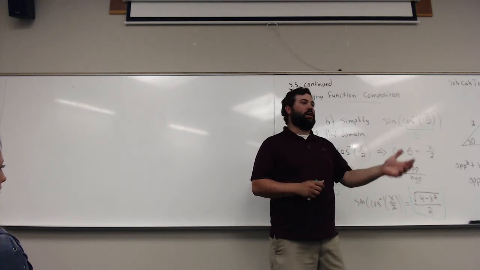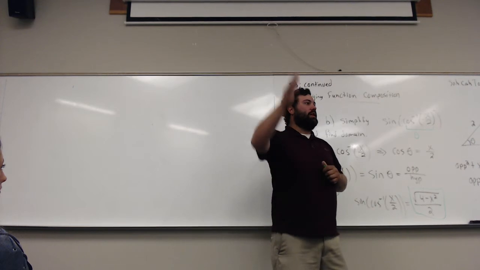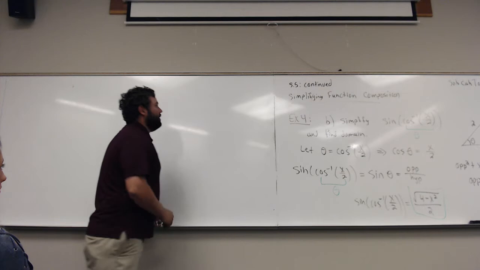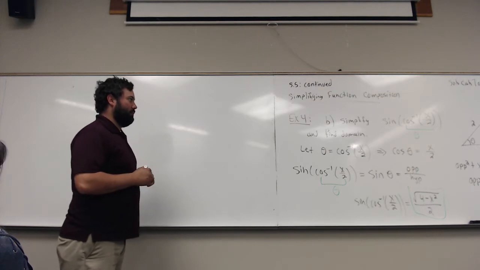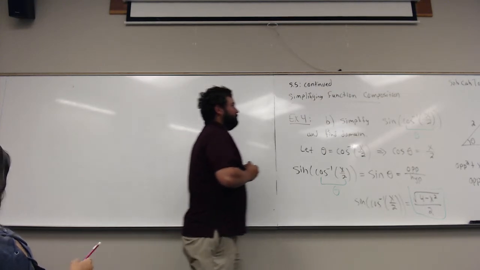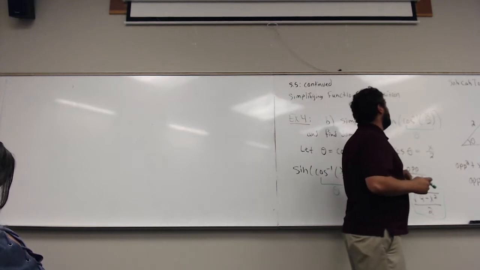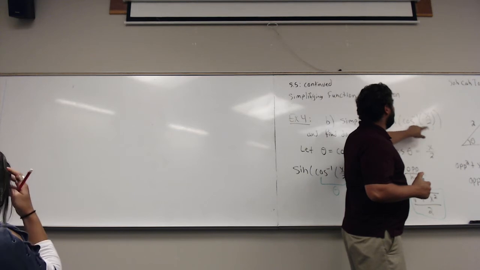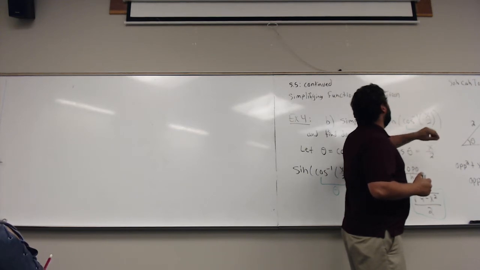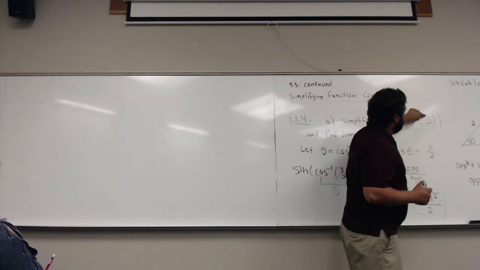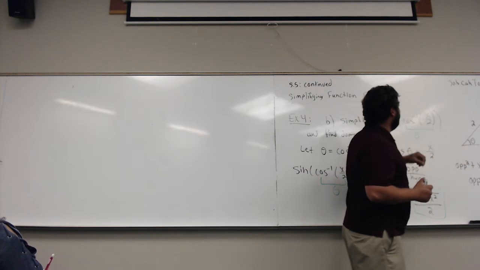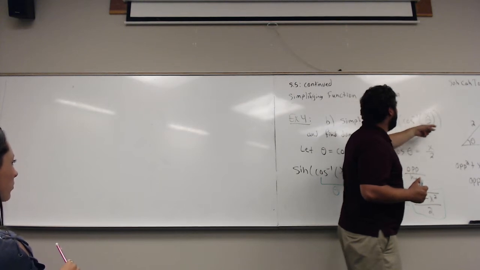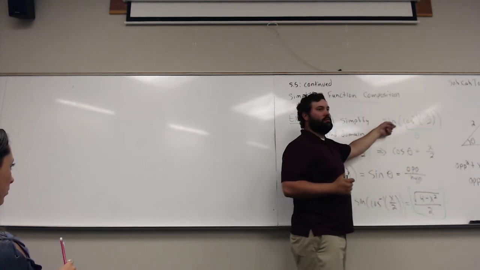Okay, but for functions like tangent or cotangent, that function has asymptotes. You can't just plug anything you want in. So let me go through that process real quick. The definition of a composition is that any x is going to be in the domain if, when you plug something into the inside function, what's in the range of that is also in the domain of the outside.